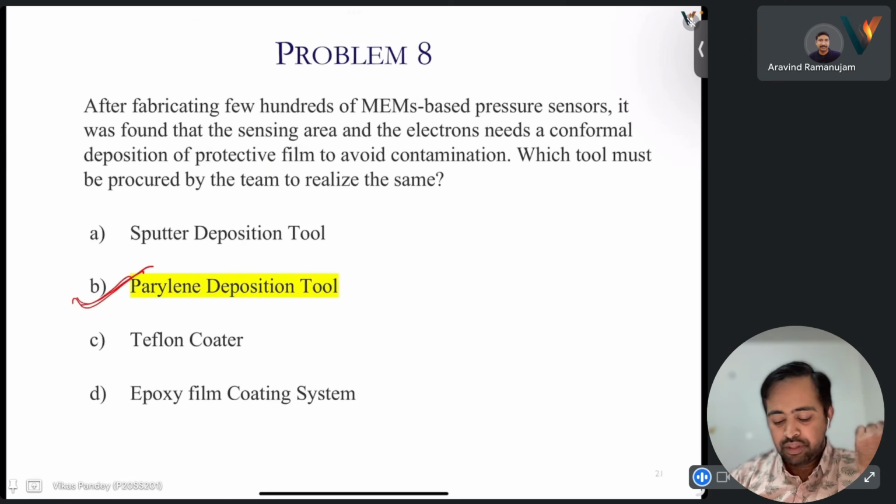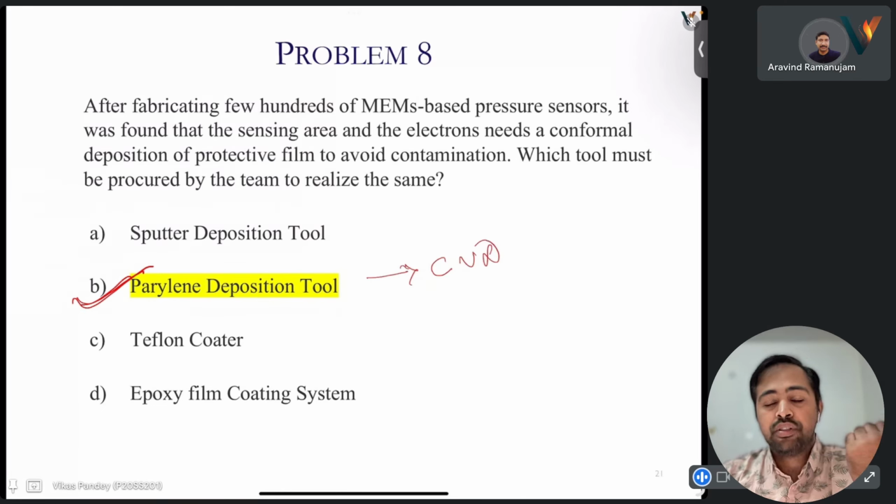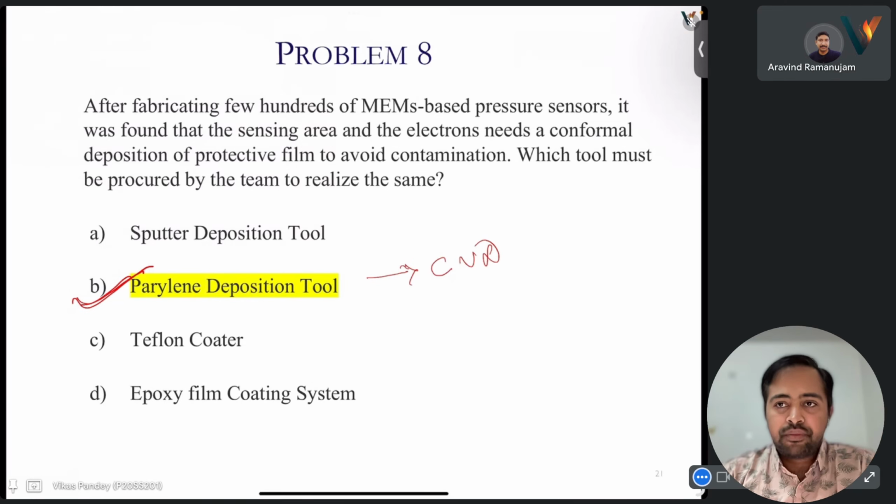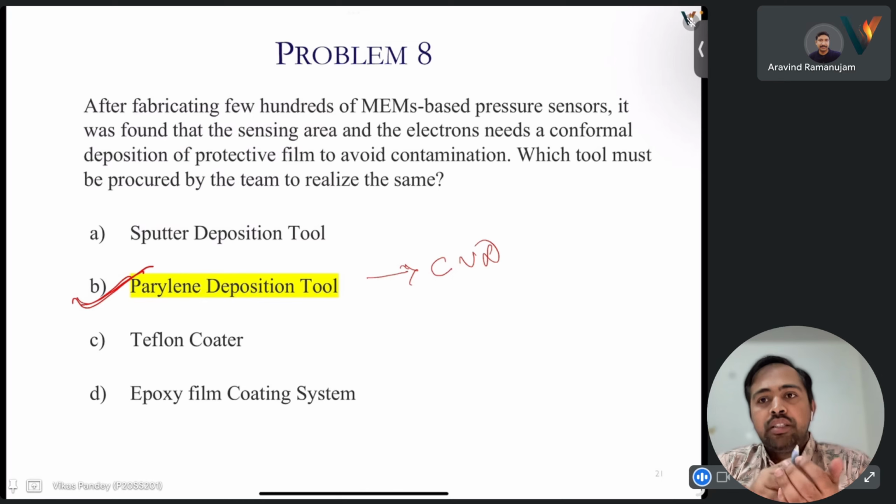It is a CVD method, chemical vapor deposition. Sputtering is a physical vapor deposition, and thermal evaporation is a physical vapor deposition, where we have the material and we are changing its phase and depositing. We are changing it from solid to liquid, then gas, or we are mixing it with plasma and depositing. But in the case of CVD, some chemical reaction will occur.